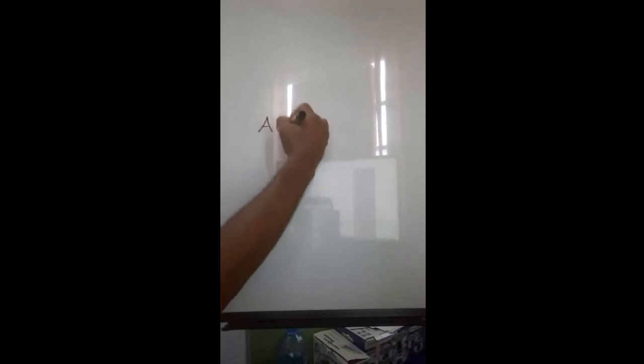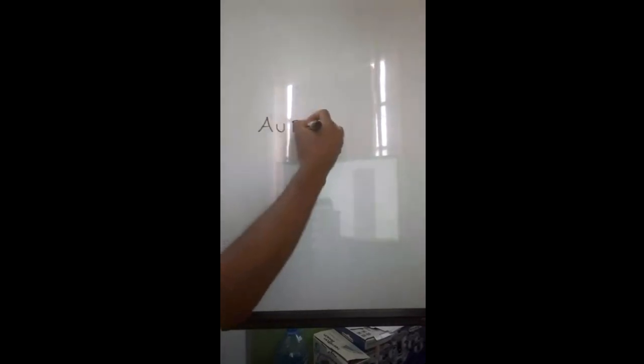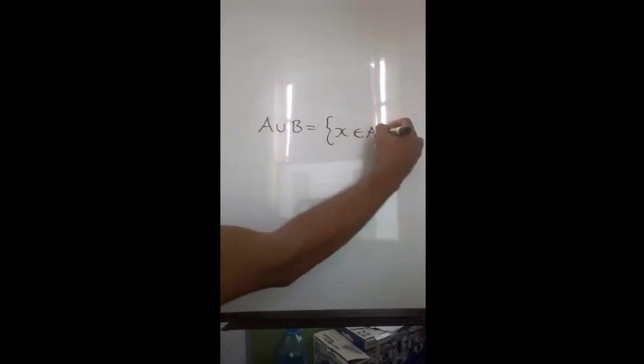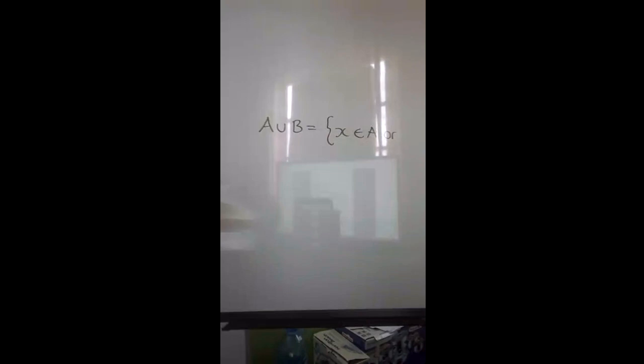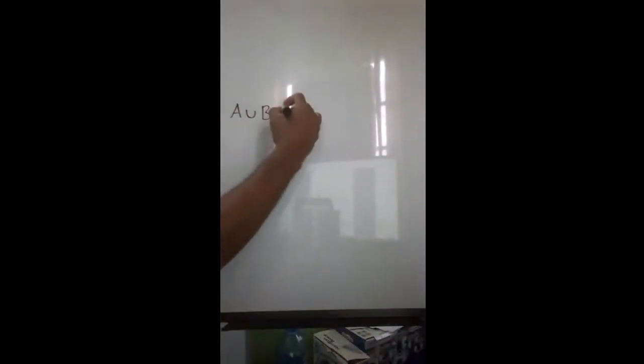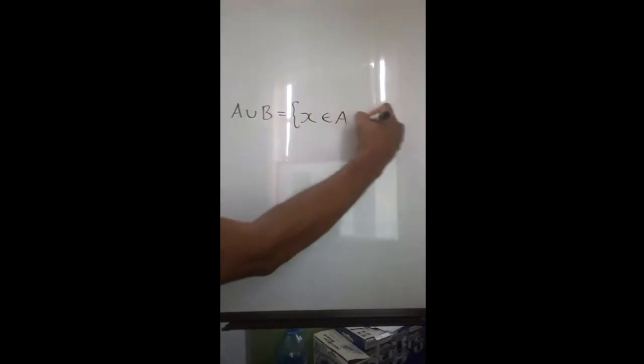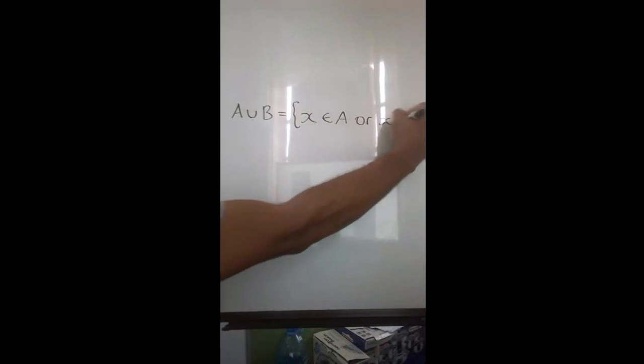A union of two sets, A and B, is defined as A union B, and that is equal to the set of X such that X is in A, or, that or is important, X is in B.